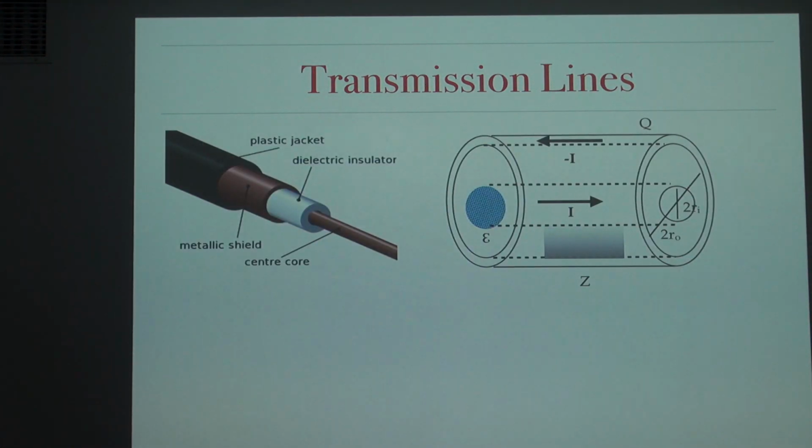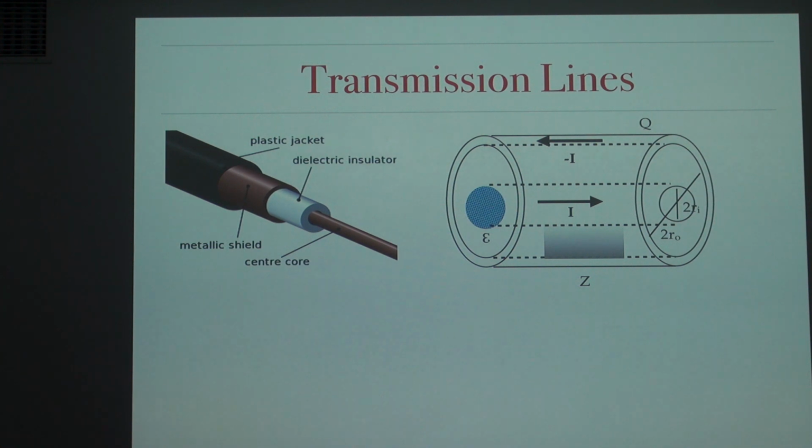This is a transmission line, how it really looks, and on the right-hand side we have a mathematical model for it. In the transmission line there is a central wire, there is a surrounding wire, and the area in between is filled up with a material which has a certain dielectric constant epsilon.